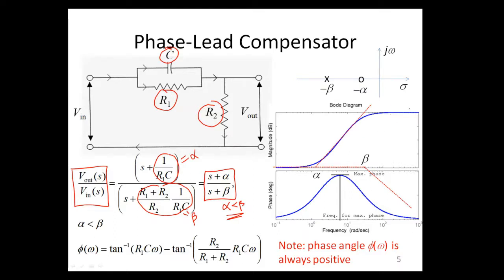At high frequency, the phase angle changes will be happening in between the alpha and the beta. The phase angle relationship is given here, and just take note that the phase angle is always positive.